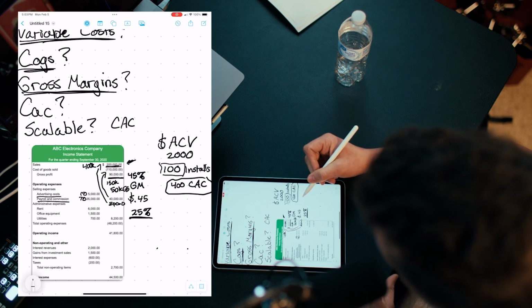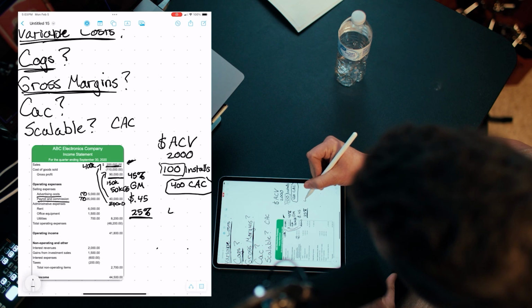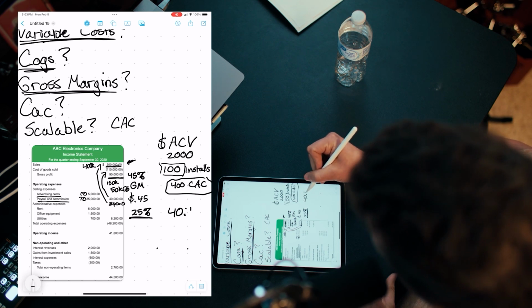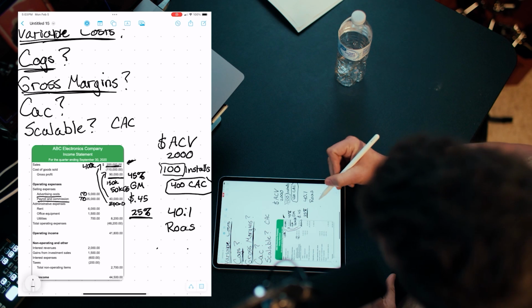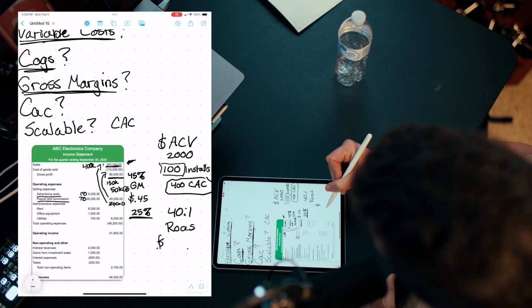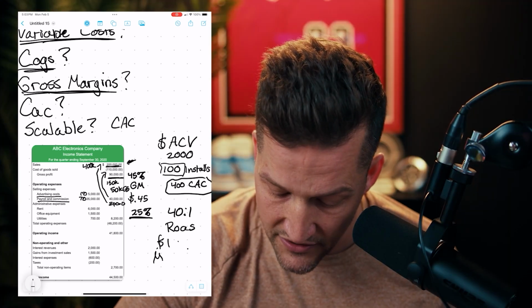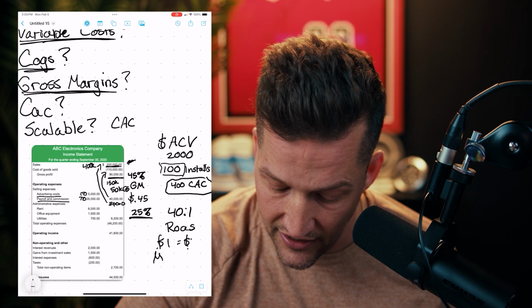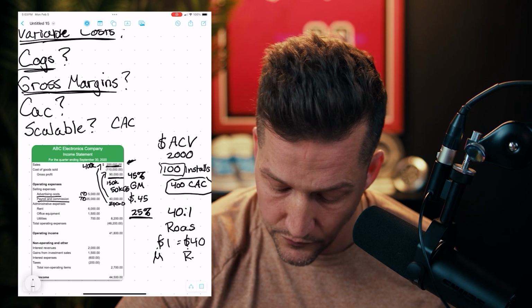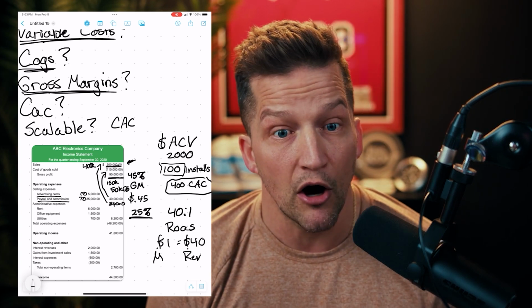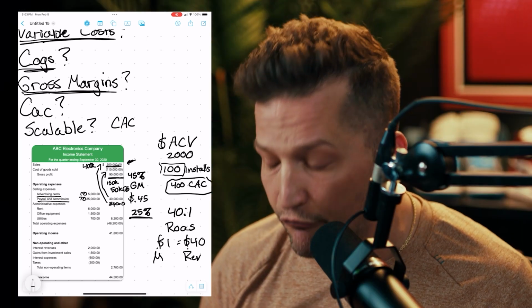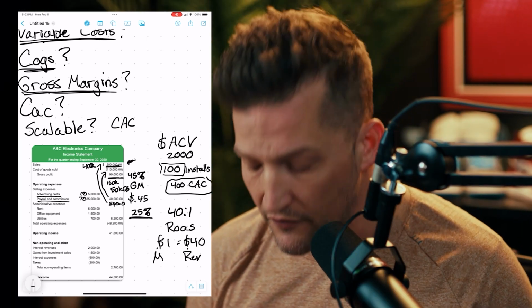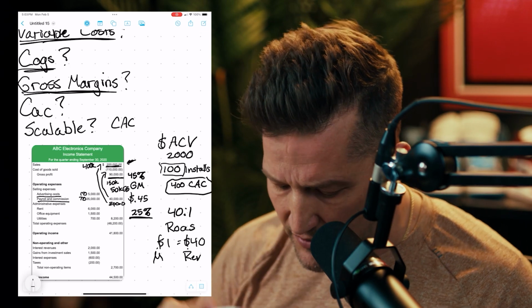That would be a 40-to-1 ROAS, a return on ad spend. So for every dollar I spend in marketing, it's going to equal $40 in revenue. Okay. This would be a remarkable ROAS, and this is the kind of ROAS that I look for in my home service companies. And so for every dollar I spend there, I'm going to get a return.